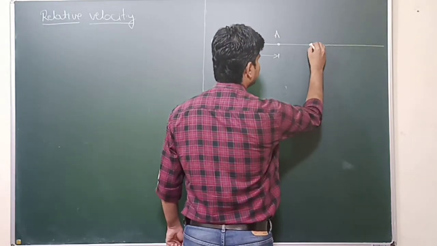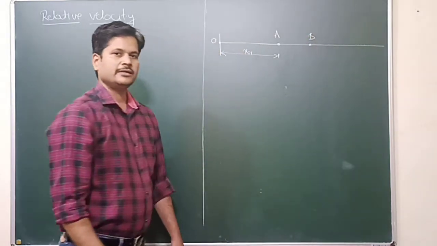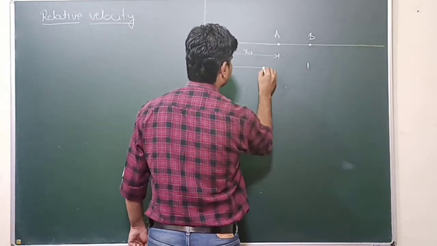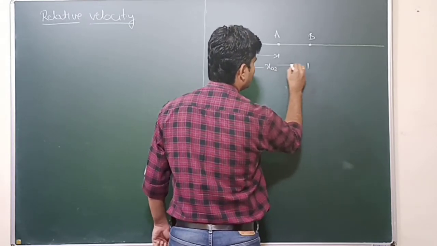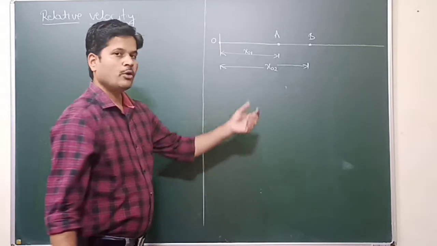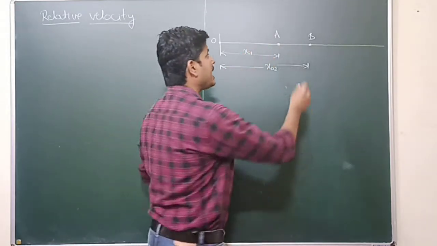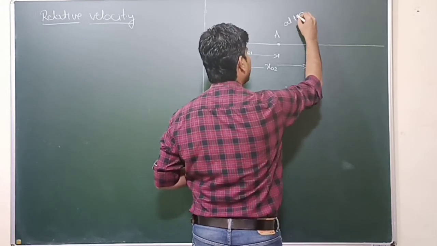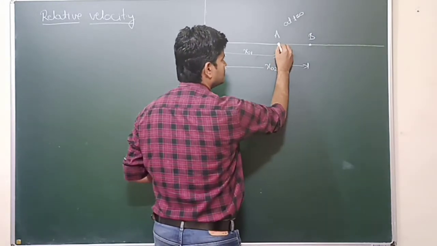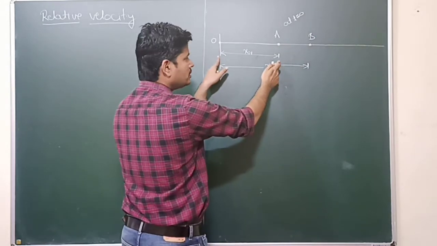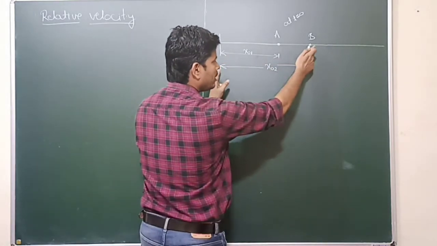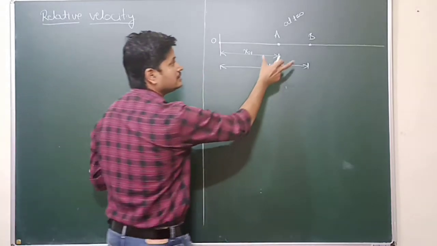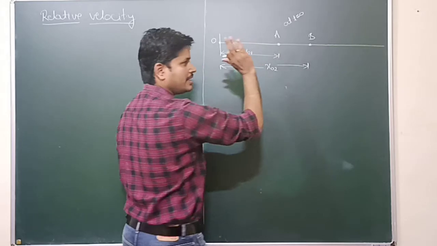And there is another object B, and its position is x02. Both objects A and B are at rest. That means at time t equals 0, the object A's position is x01 with respect to the origin, and the object B's position is x02. When the time is 0, their positions are here.